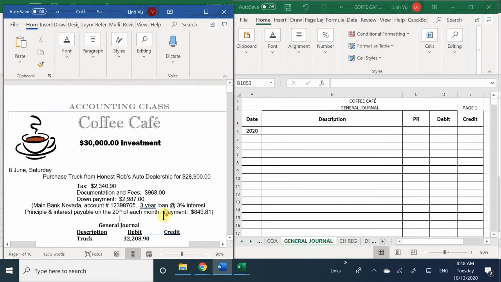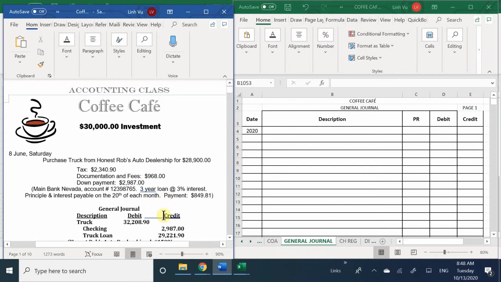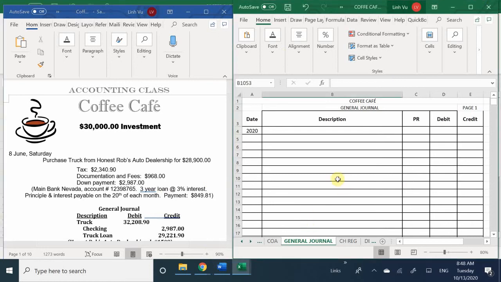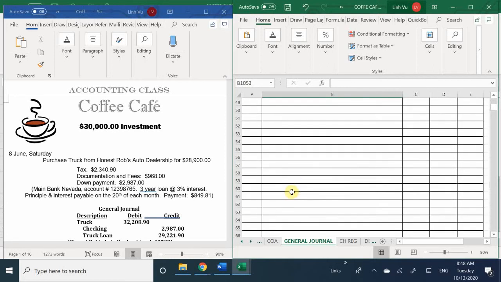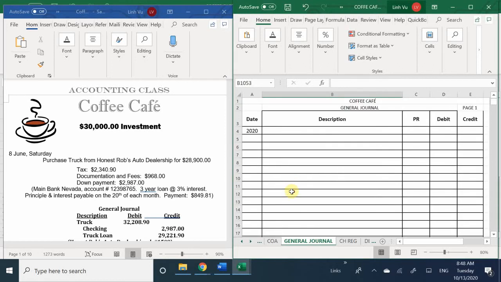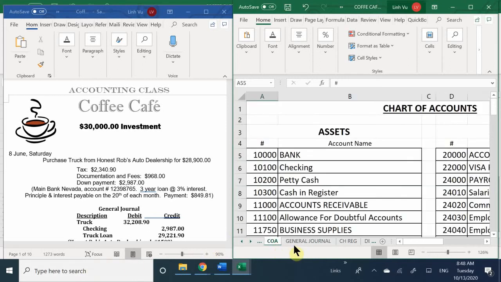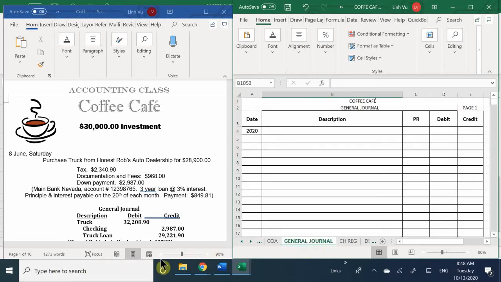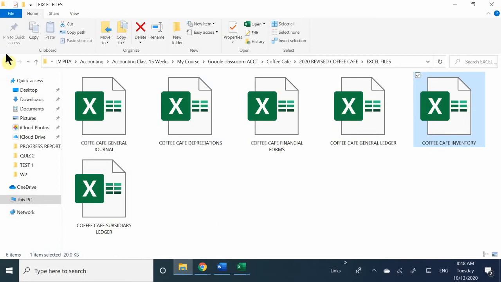Again, what we're going to do is continue from our previous section. So here, the general workbook. Where did all my answers go? Let me see if I'm in the right one.